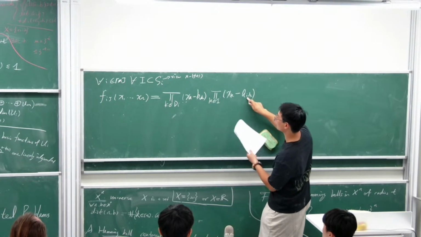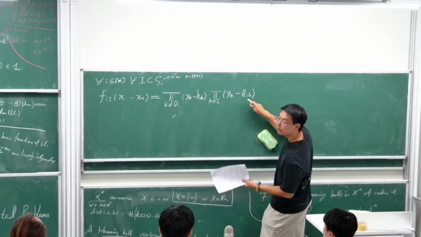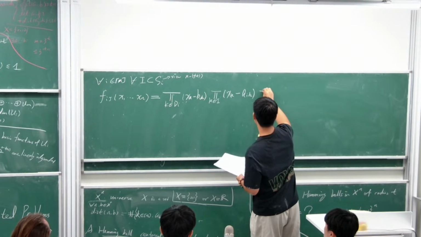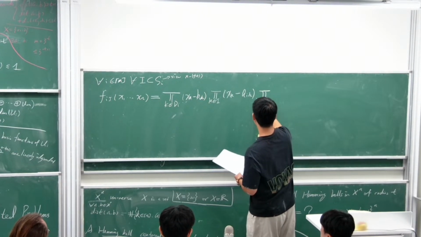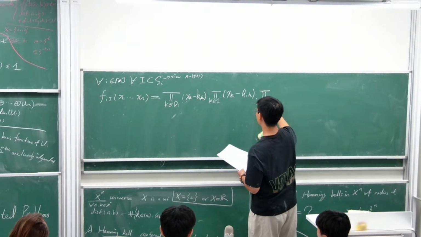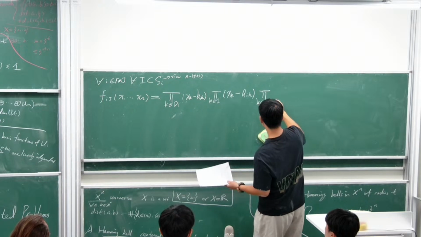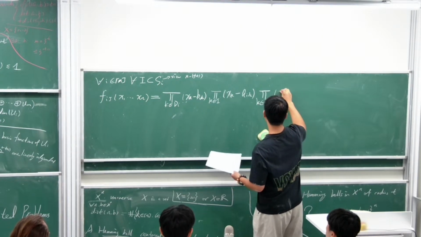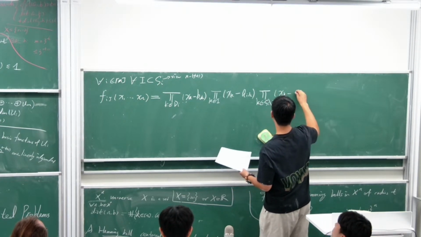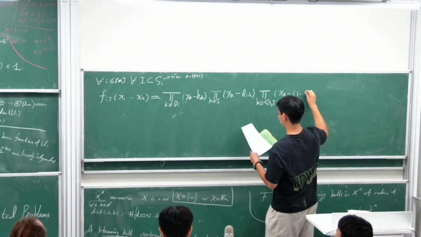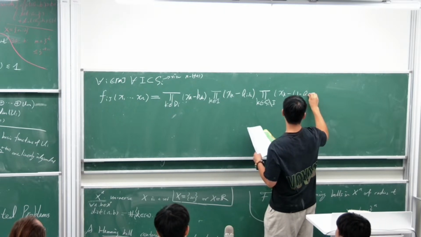Actually, whether you take Bik or Aik, they're the same. I don't know why I wrote this, but yeah. And in the part where they are the same, but not in I, you take xk minus 1 minus Aik.